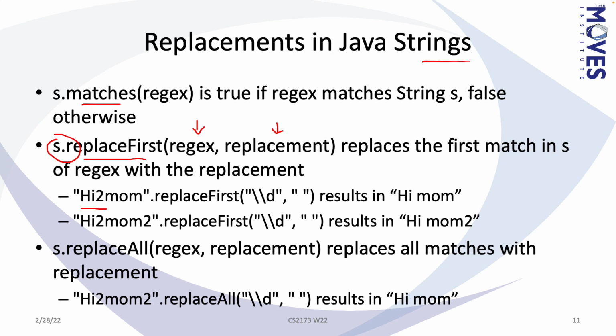So if my string is hi 2 mom, and I want to replace the first digit with a space, then that will replace the 2 with a space, producing this. But if I have hi 2 mom 2, replace first digit with a space, then that'll give me the first space, but it won't replace the second one.